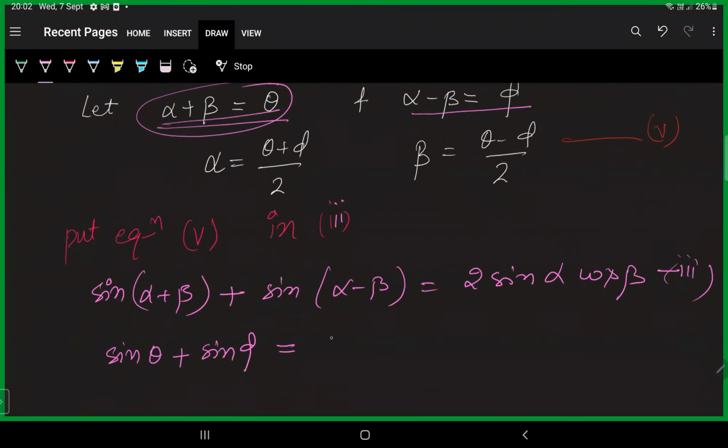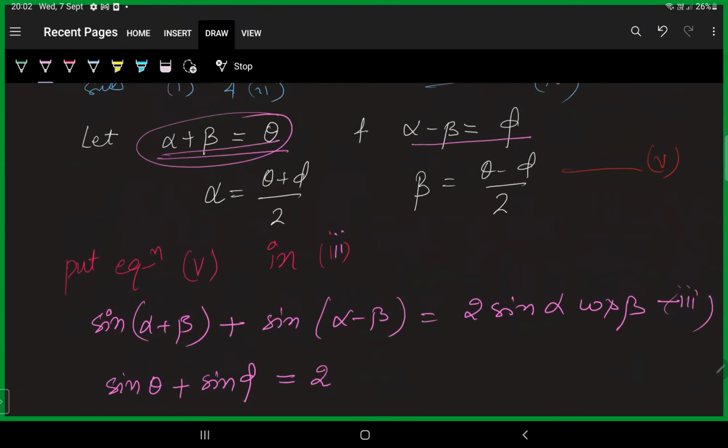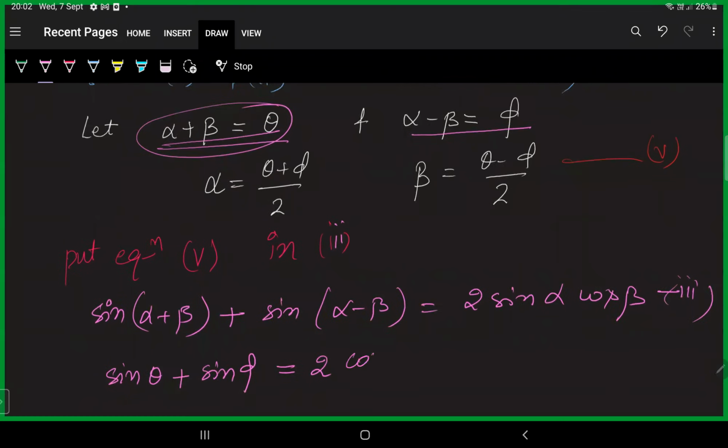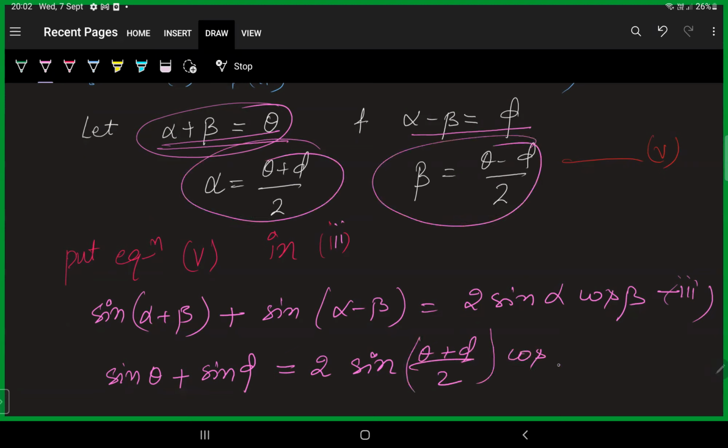This is equal to 2 sine alpha, where alpha is theta plus phi by 2. See, from here you have got it. And this is cos beta, where beta is theta minus phi by 2.